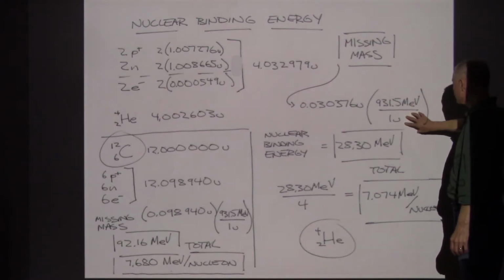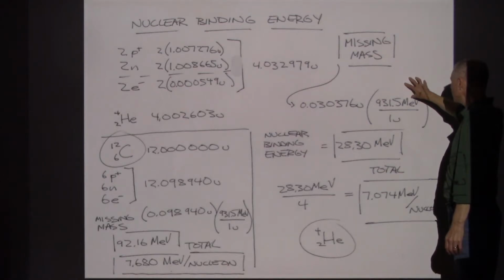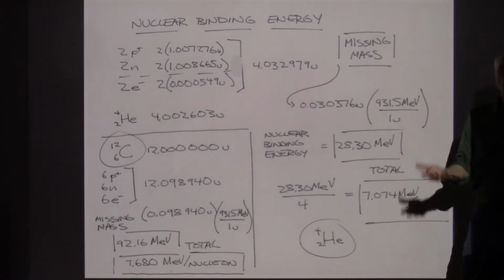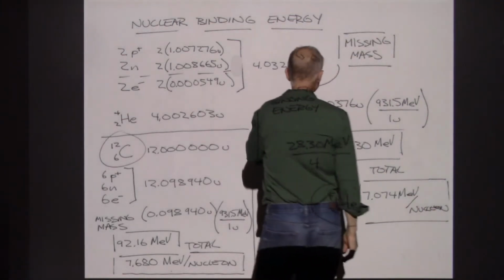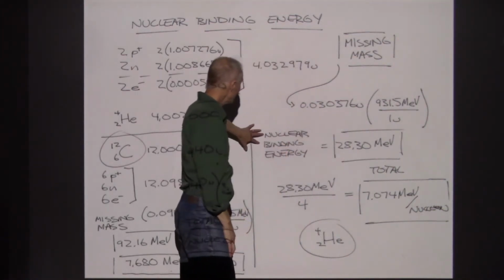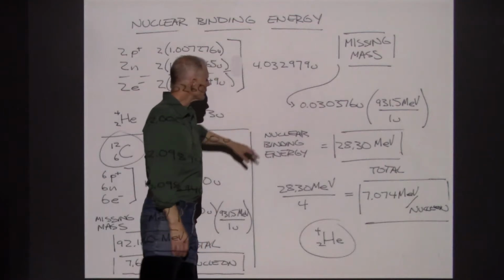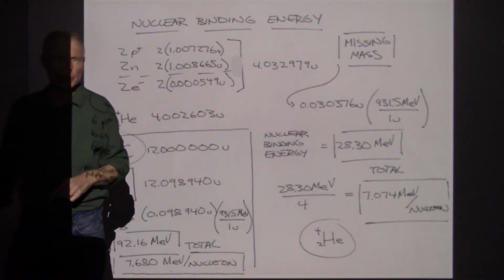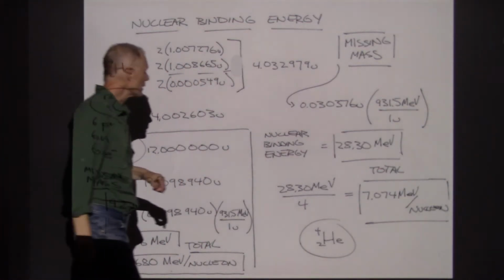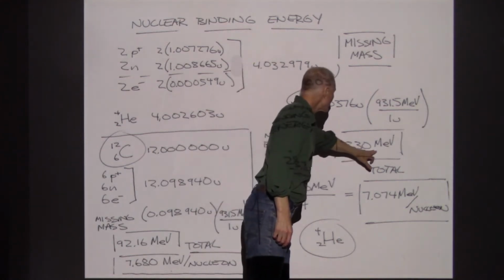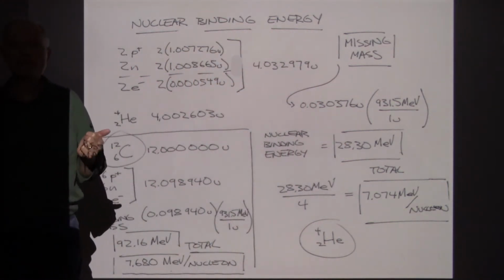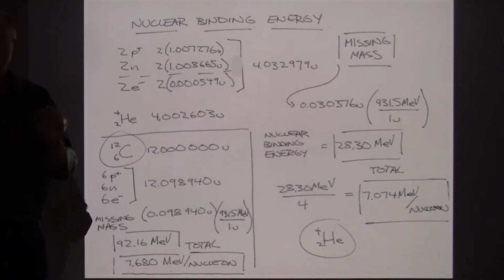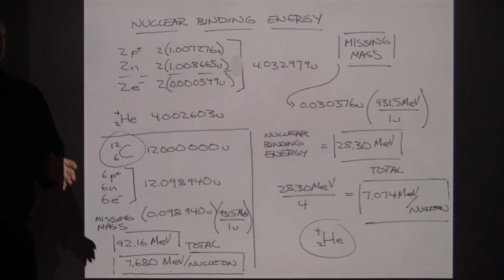This much mass is the equivalent of this much energy by using E equals mc squared. So we can carry out this calculation, and what we call this is the nuclear binding energy. And the energy we've calculated, 28.3 MeV, is the amount of energy that was released when we formed the helium-4.